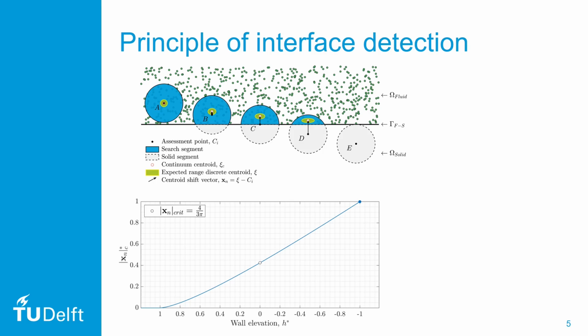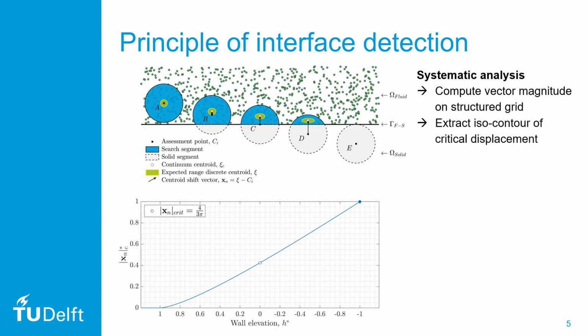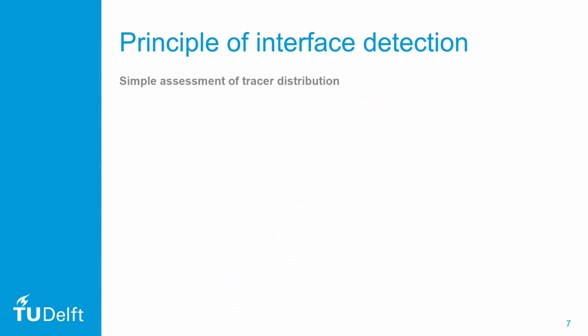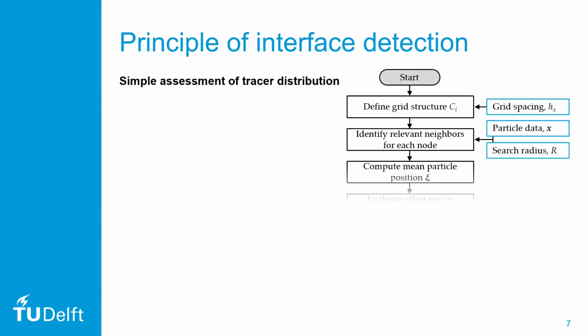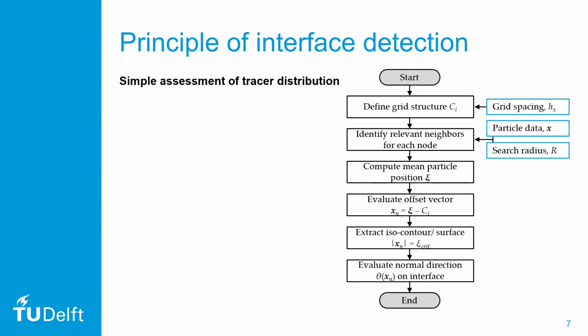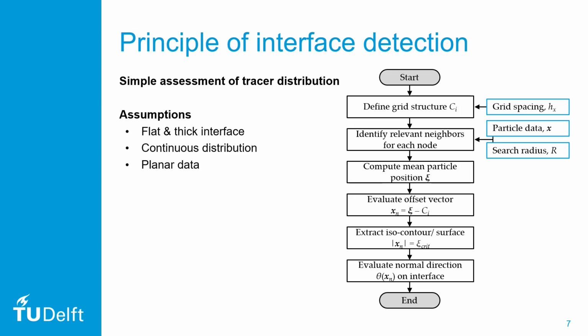And we can use this approach in a systematic manner by computing the vector magnitude on a structured grid and extracting the isocontour of the critical displacement. And this will give us an approximation of the fluid-solid interface. Now, I summarize this principle in a flowchart on the right, which I will not discuss any further in view of time, but I really want to reiterate our model assumptions up to this point.